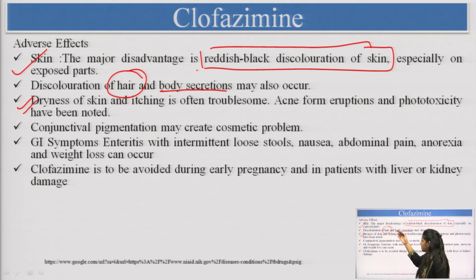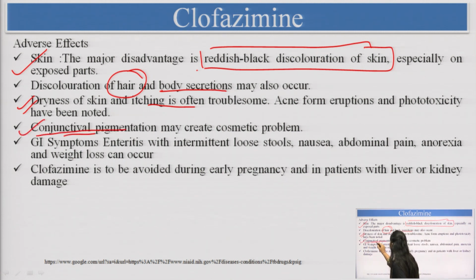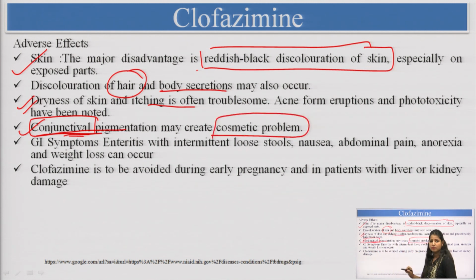Mainly you can see it is affecting the skin, meaning the adverse drug reactions come from the skin part: dryness or itching. In the conjunctiva, the particular part of the eye, pigmentation may create a cosmetic problem.